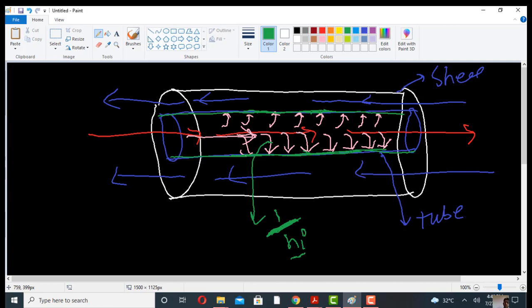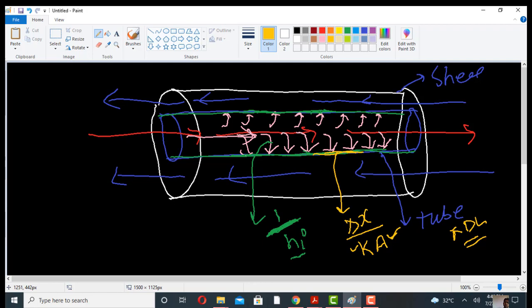Similarly, the resistance provided by the tube to the heat transfer is denoted by the thickness of the tube, delta x, divided by the thermal conductivity of the tube and the area of the tube. This is the area of the tube, which is pi d L, and K is the thermal conductivity of the tube.